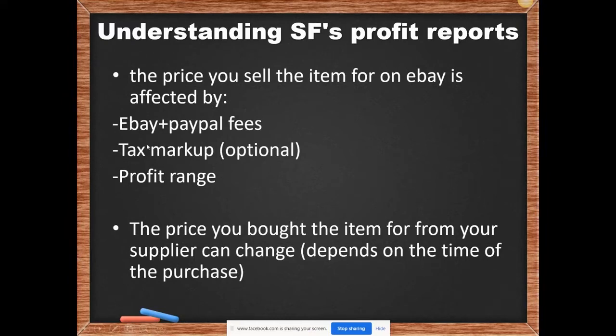So for me in Israel, for example, I pay eBay 9.15% from every sale, right? I pay 4.4% PayPal fees plus 30 cents, plus I add here another 30 cents for my managed account fees. Okay, so I put like 4.4% plus 60 cents. I don't put tax markup, okay, because I am tax exempted.